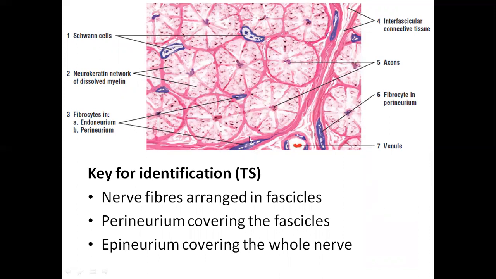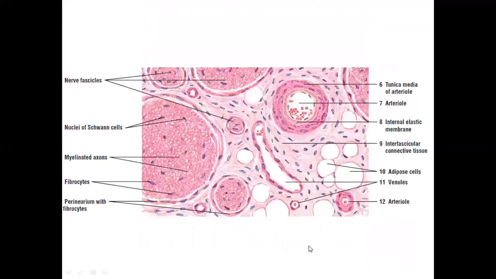The epineurium is covering the whole outside of the nerve. You can see the bundles very clearly over here. In the nerve fiber we have nuclei of Schwann cells, myelinated axons, and fibrocytes. These are all nerve bundles, and of course these are blood vessels.